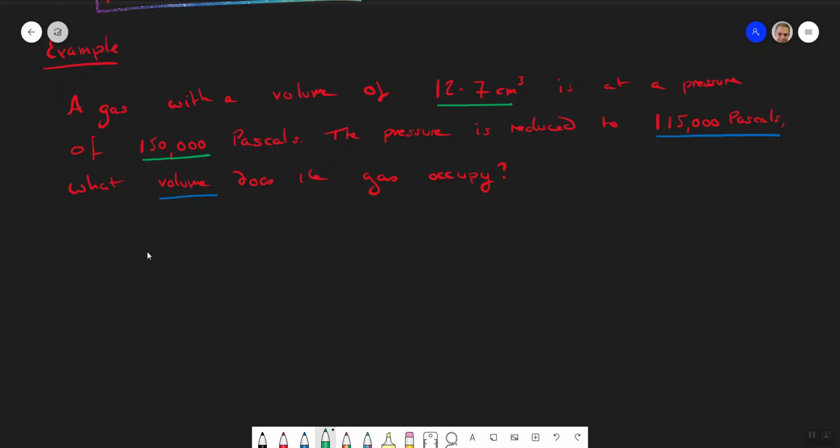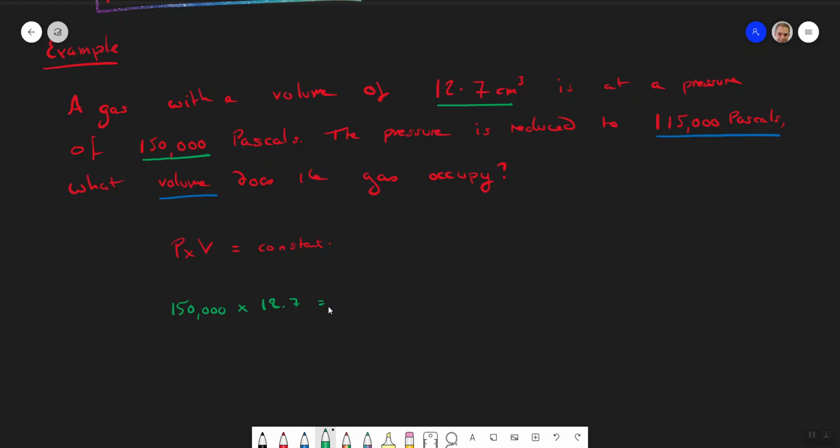Okay, so we know from Boyle's law that pressure times volume is equal to a constant. So we can take our initial volume and our initial pressure, and that means that 150,000, our initial pressure, times 12.7, our initial volume, is going to equal a number.